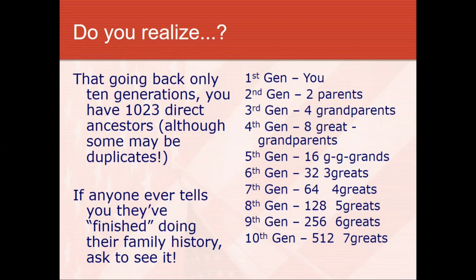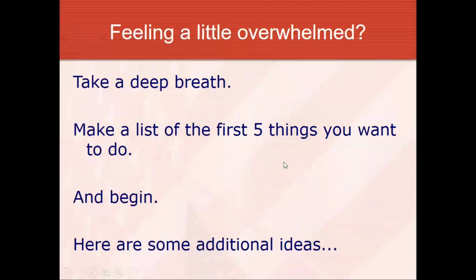If you watch the genealogy shows on TV, they'll concentrate on 3 or 4 or 5 at the most when they do a show about a star or tracing their family history. They just pick certain ones. If you want to try to go back 10 generations, though, you have 1,023 direct ancestors. I think it counts yourself there.